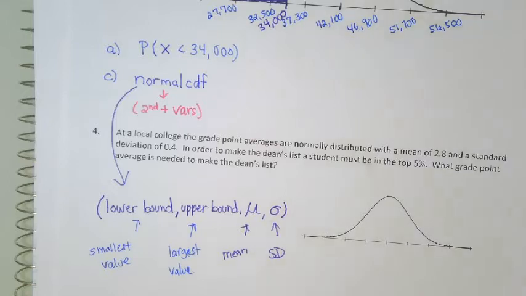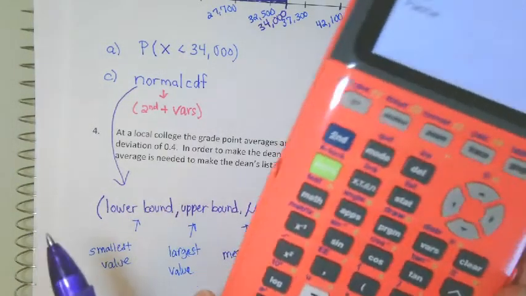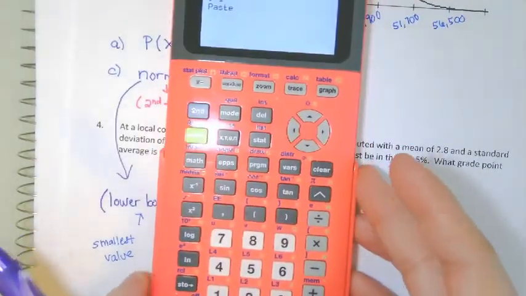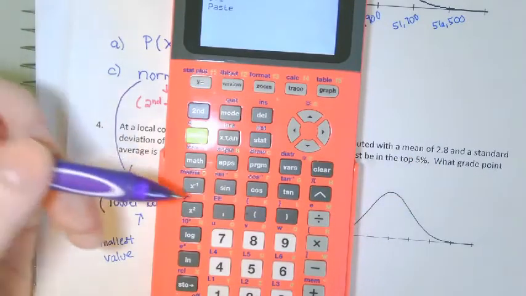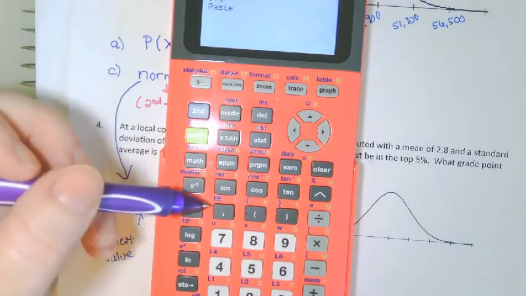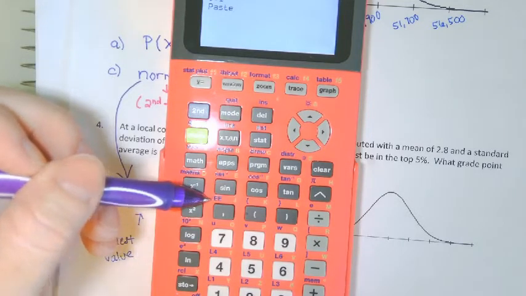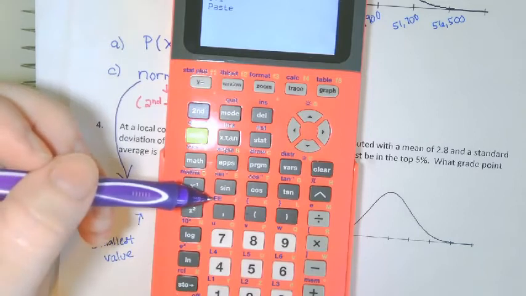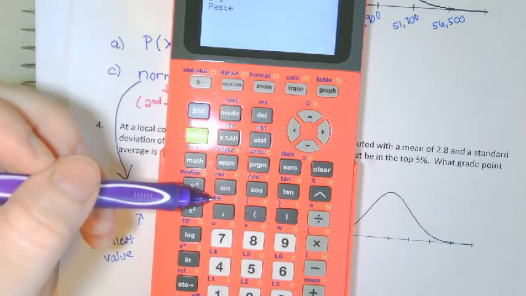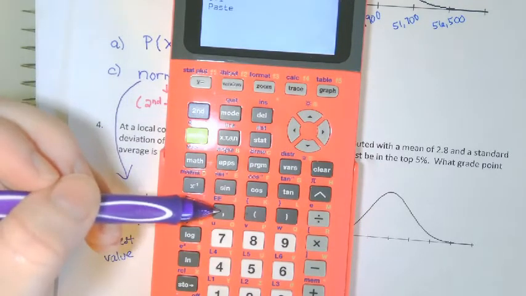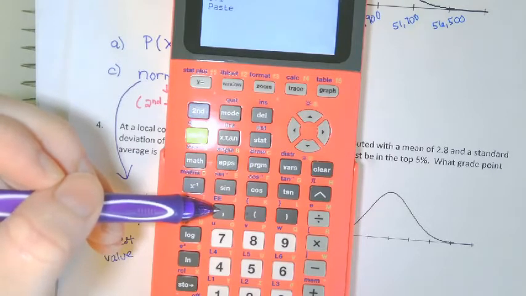So on your calculator, to enter either positive or negative infinity, you want to look for the button that above it to the left has two capital E's, EE. Since that's not the actual button, to get to EE, I would have to first hit the second button and then the comma.